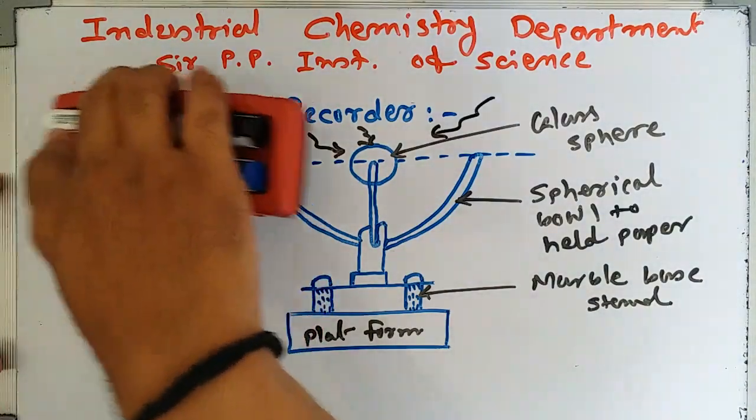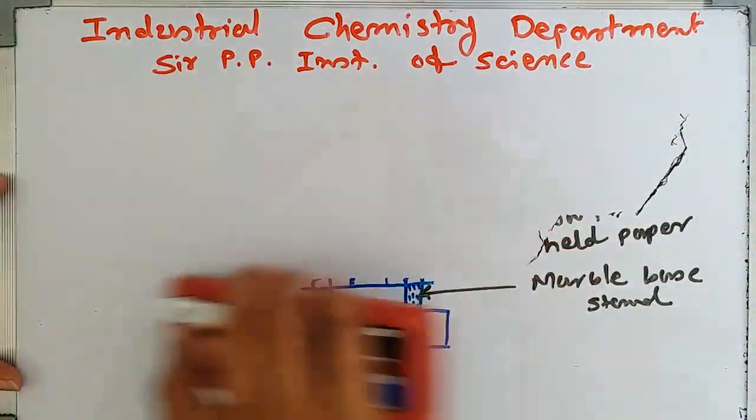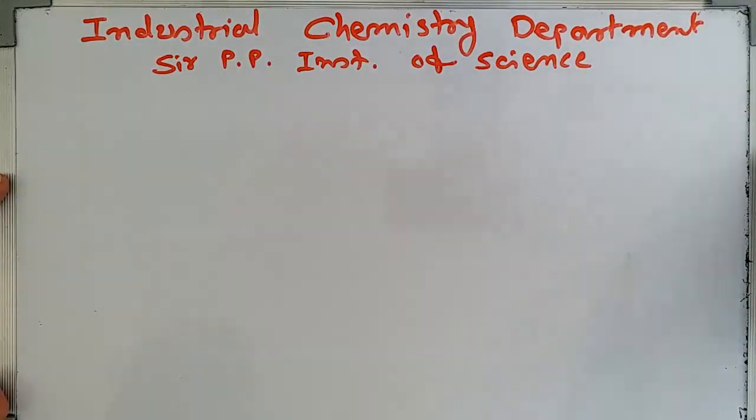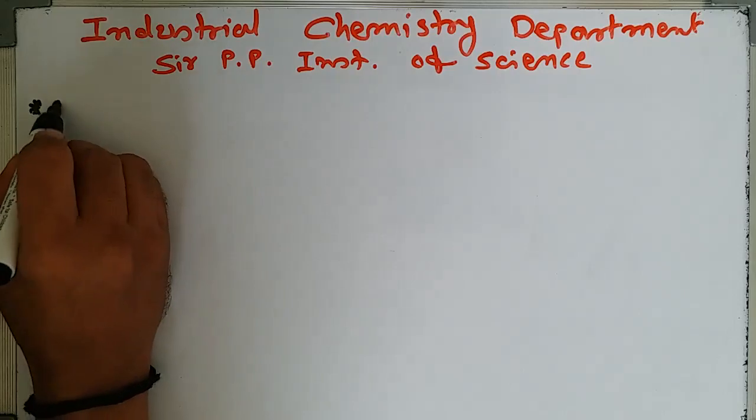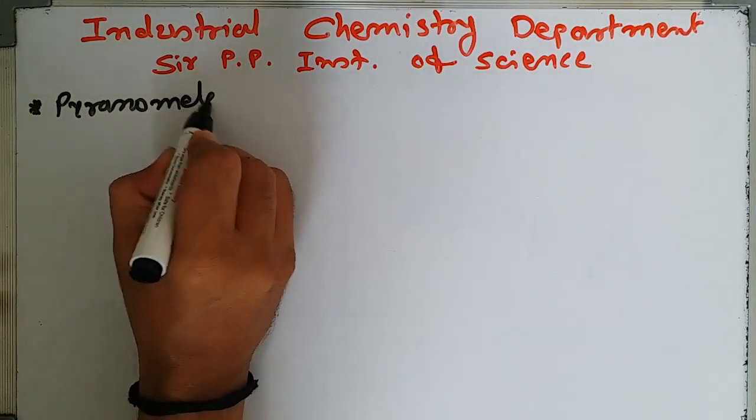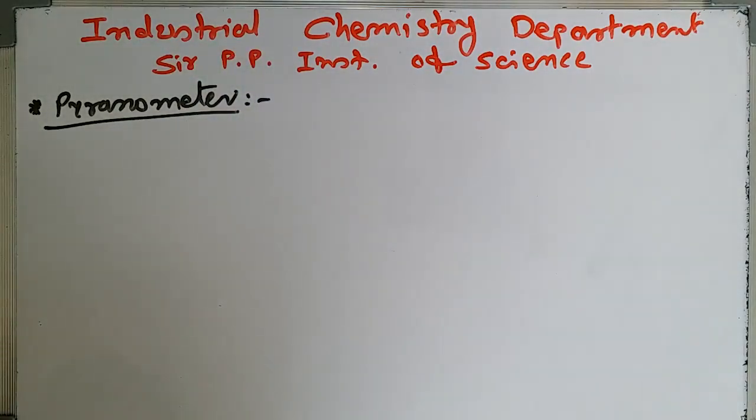Now we draw the second instrument's figure. Our second instrument is the pyranometer. We discuss that there are two pyranometers, one for global radiation and one for diffuse radiation. We also discussed the types of radiation. One is beam or direct radiation: solar radiation received at the Earth's surface without any change in direction.